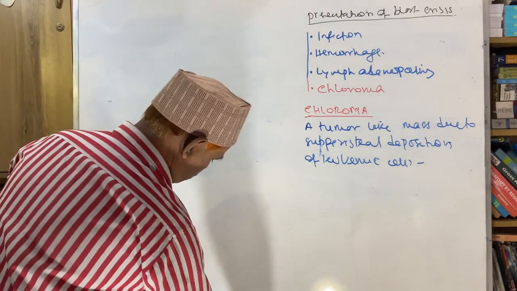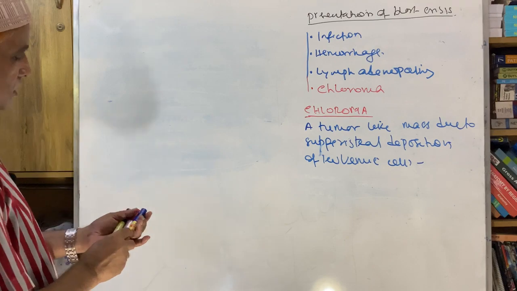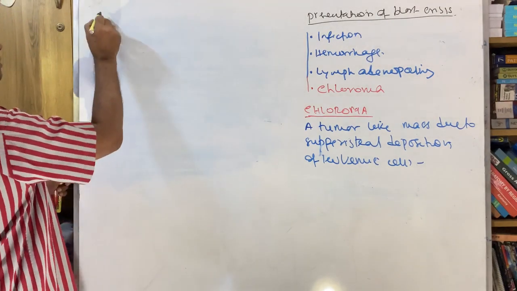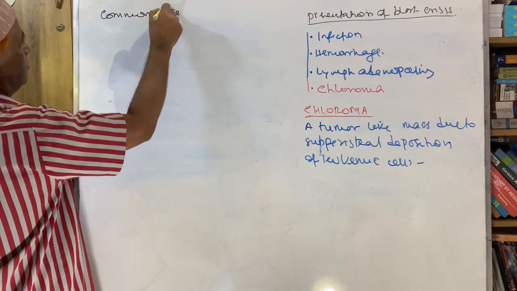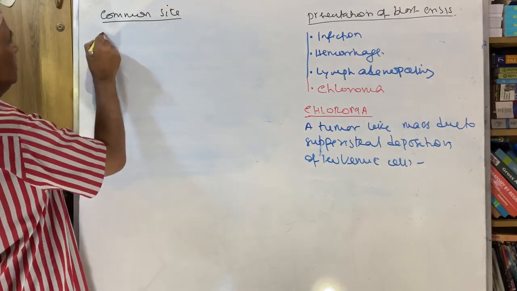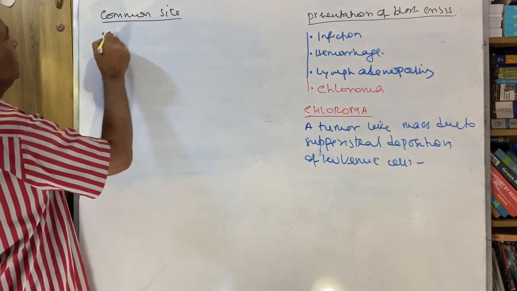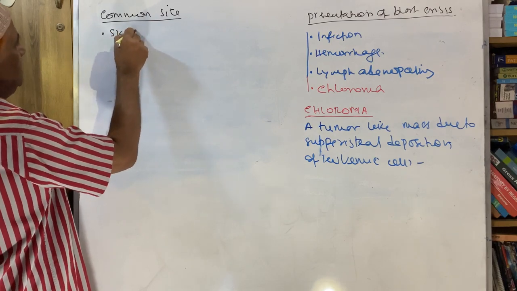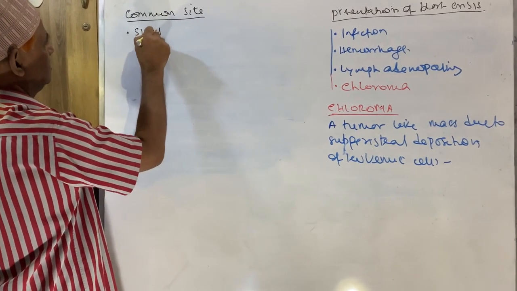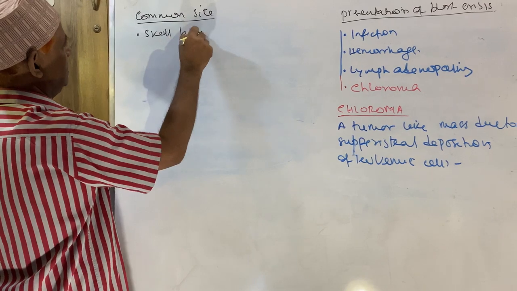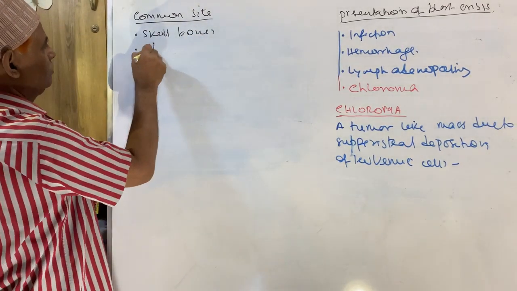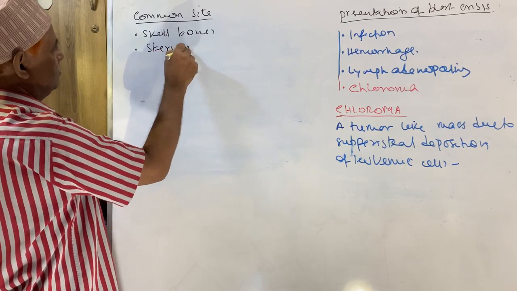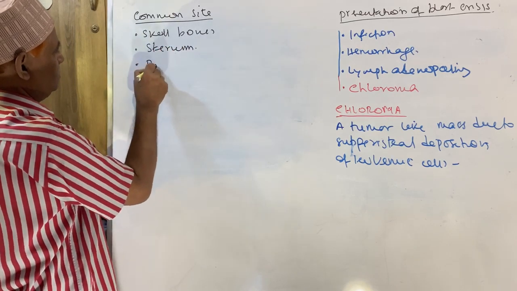Now come to common sites of chloroma. It may be found in skull bones usually. Besides this, you can get it in the sternum and you can also get it in ribs.